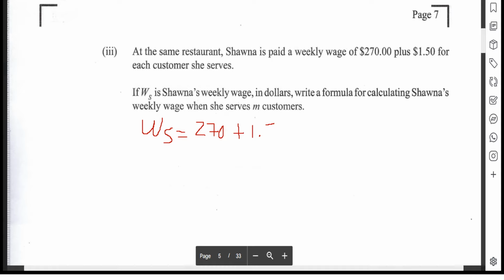So we put 1.50 and M representing the customers that she served. So the answer, the formula would be WS is equal to 270 plus 1.5M. That's the answer that we're looking for.